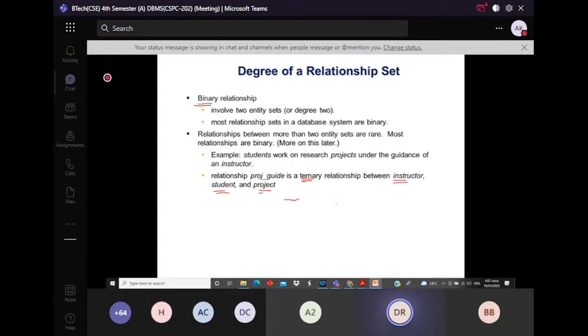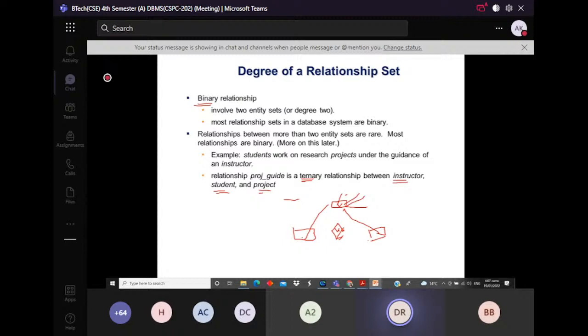Each project has its attributes: project number, project name, number of hours, etc. On this project a student can work, and a particular faculty member can also work. So three different types of entities work on a particular project. So works on is now a ternary relationship.